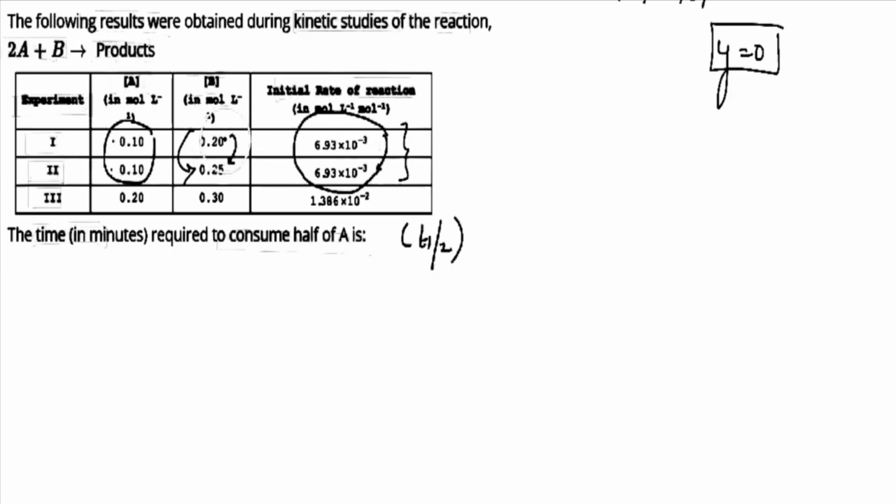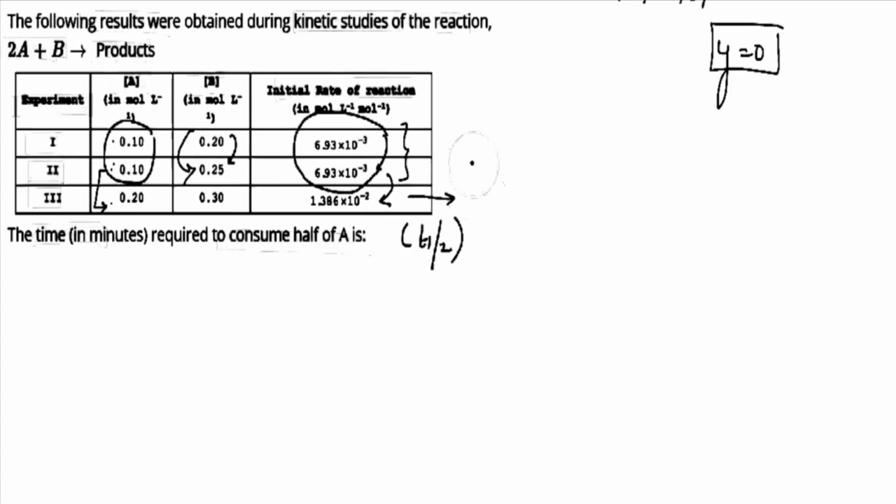Now, if we talk about X, what do we observe? When we double the concentration of A from experiment number 2 to 3, making the concentration from 0.1 to 0.2, the rate is also getting doubled.